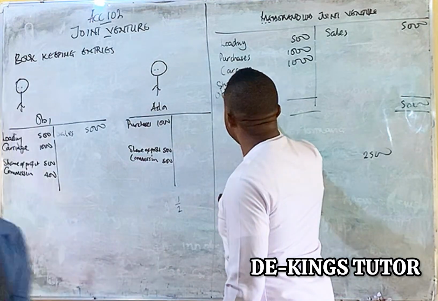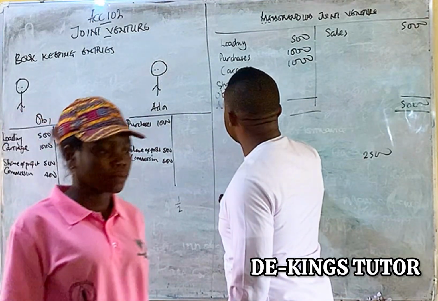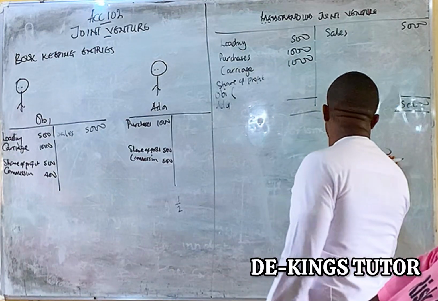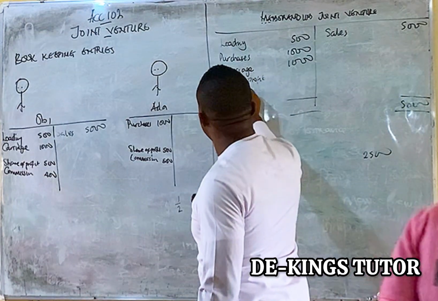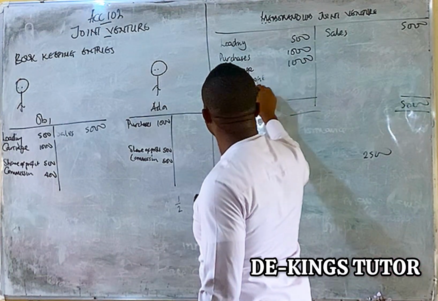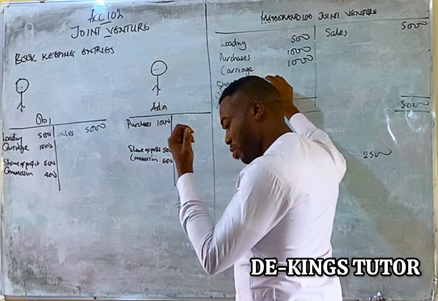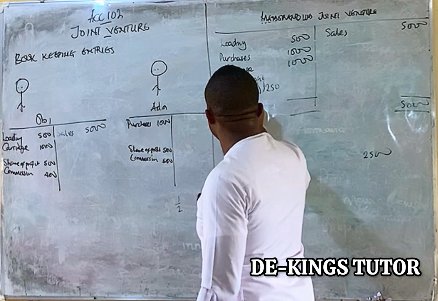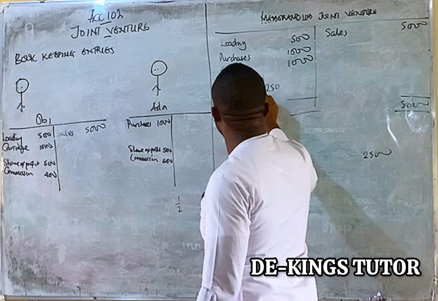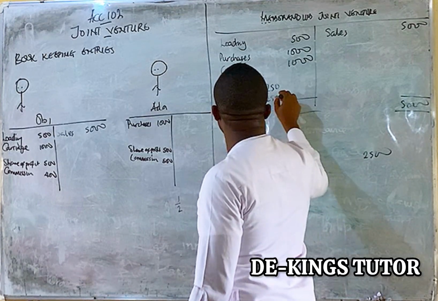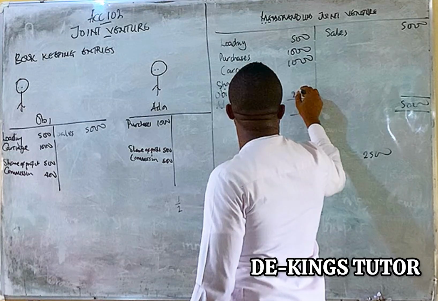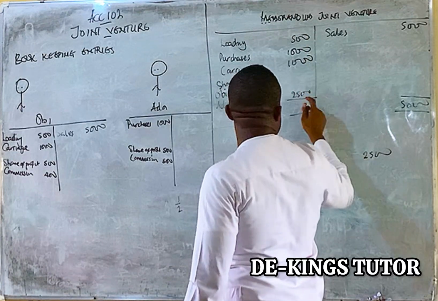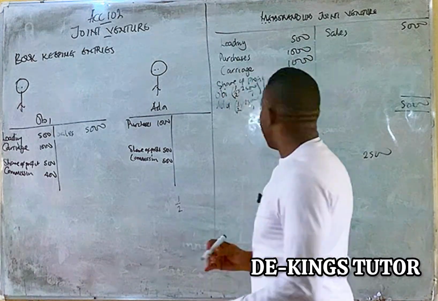Let's say we have Obi and Ada. So 2,500 will now be 1/2 times 2,500. So this will give us what? 1,250. Okay? And the same thing, 1/2 times 2,500. This will give us what? 1,250. So that when you add this together, it becomes 2,500. So that this will become what? 5,000.